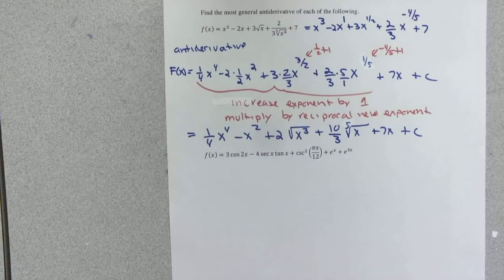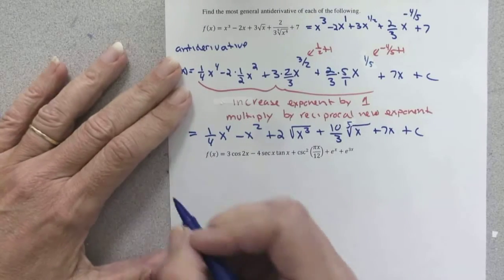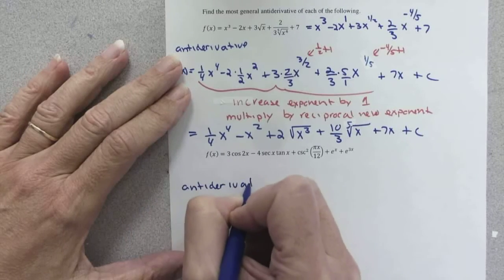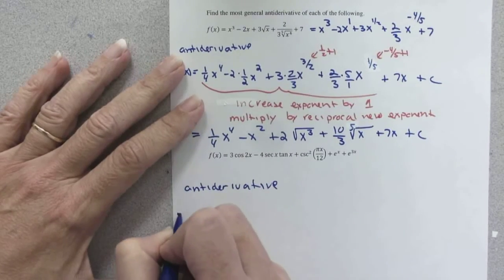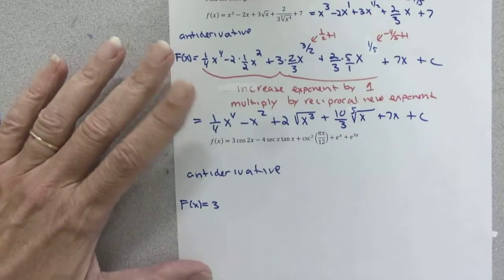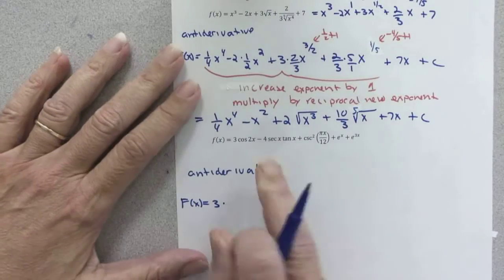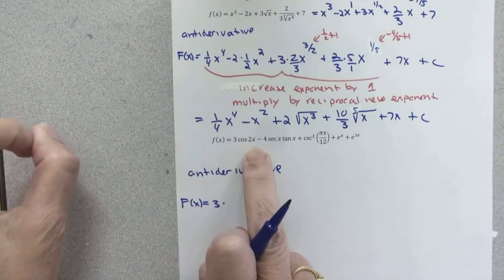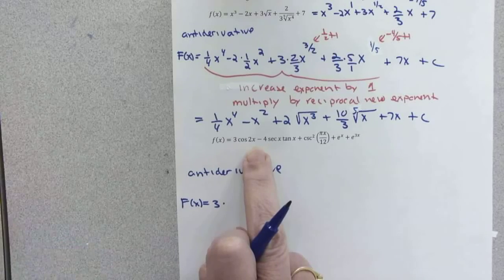Okay, next guy. That's scary looking, but we can do it. Again, it says adding or subtracting, so the antiderivative term by term. That 3 just hangs out. Then we've discussed repeatedly the effect of that 2. If I were differentiating, the effect of that 2 would be to multiply it.